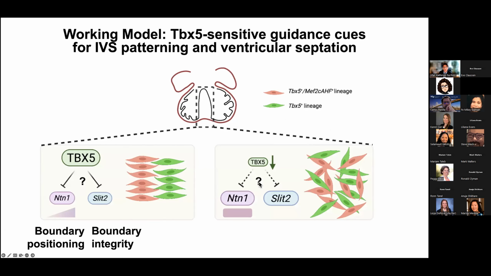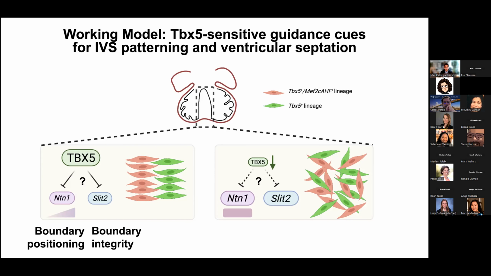So to summarize this part, what we've shown is that we think TBX5 regulates this lineage, and the role of TBX5 is to organize this boundary so that the left ventricular lineage cells and the right ventricular lineage cells stay segregated. And TBX5 does this in a way that regulates both Netrin-1 and SLT2.